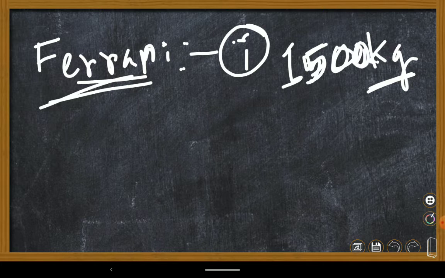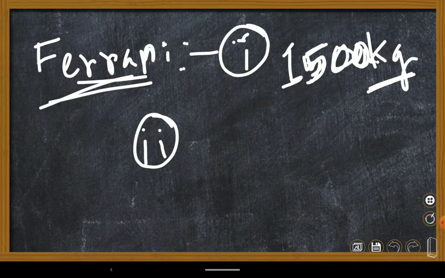Second point: suppose the Ferrari and the airplane are present in an airport, so we think of a runway with a Ferrari beside an airplane.